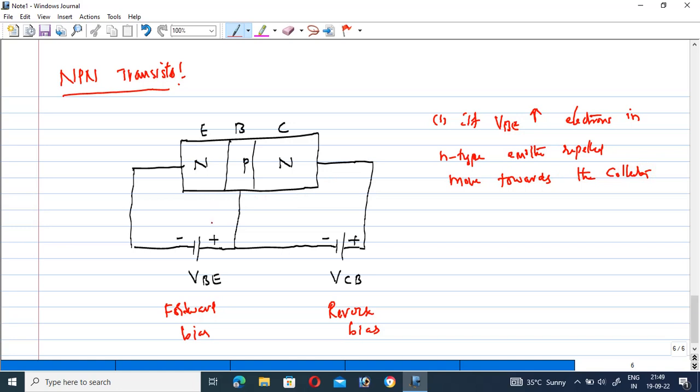So what happens when the negative terminal is connected to the N-type semiconductor material?